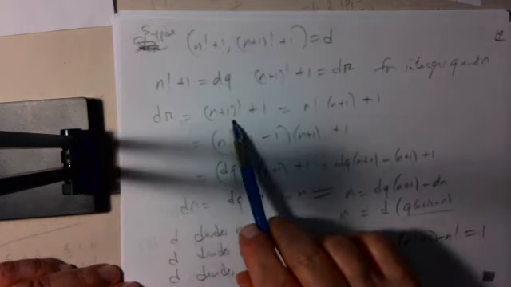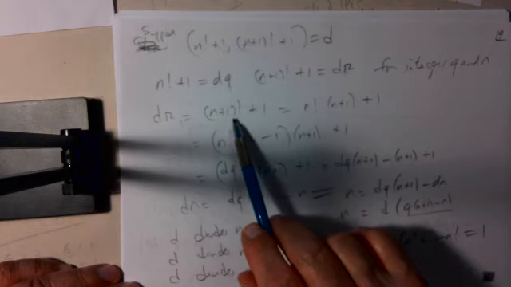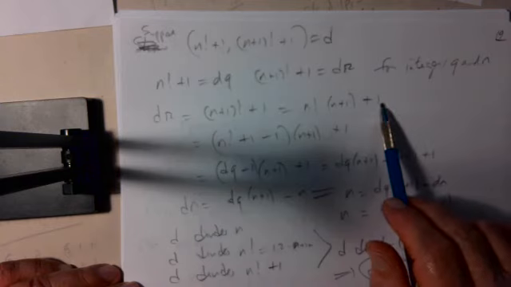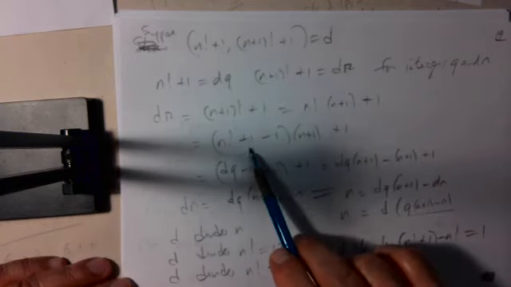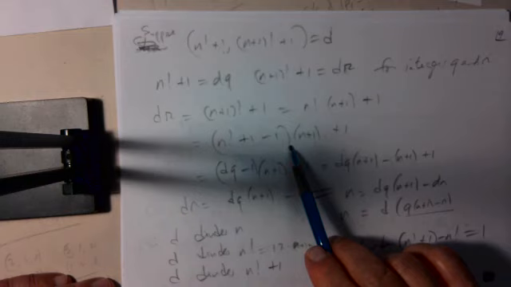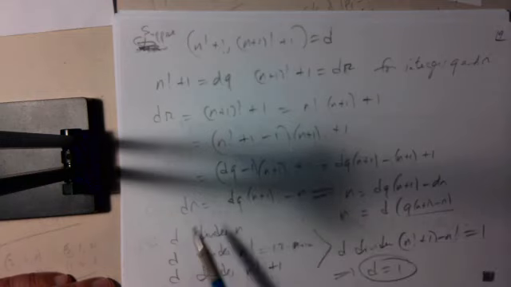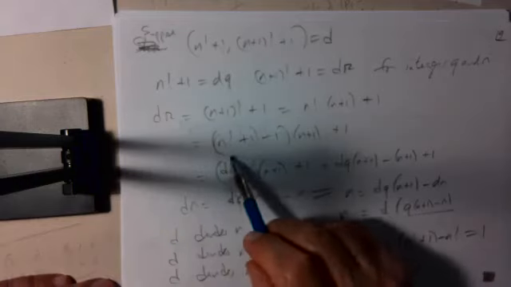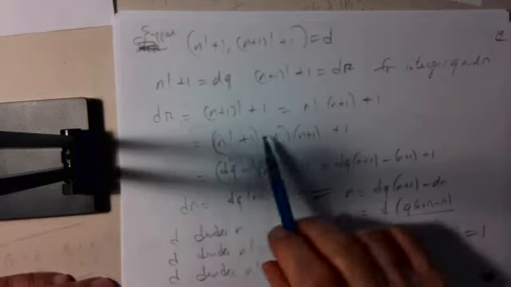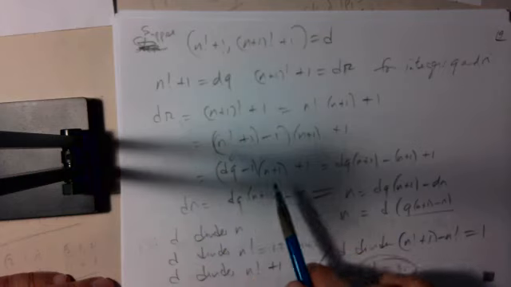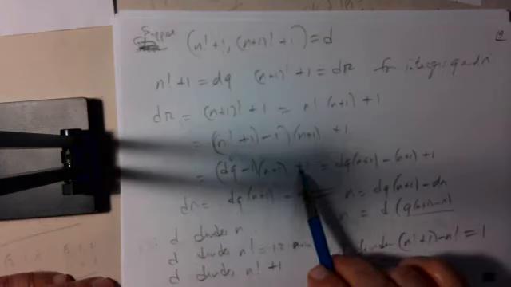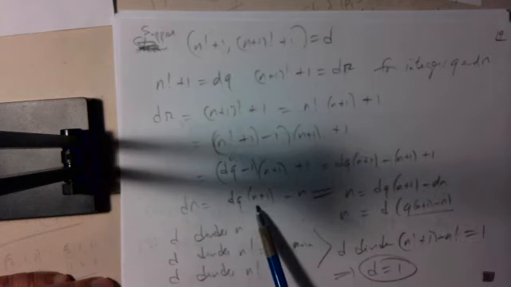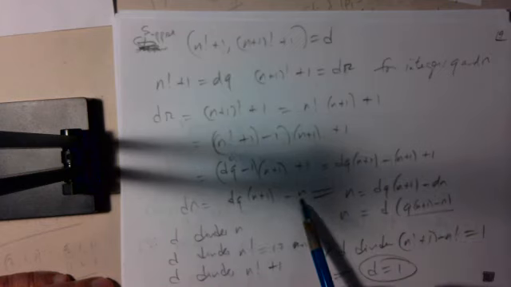So dr, that's n plus 1 factorial. n plus 1 factorial is n factorial times n plus 1. And then I snuck in a plus and minus 1. That doesn't change anything. But then I have n factorial plus 1, which is dq. So this is the same as dq minus 1 times n plus 1 plus 1. And when I expand it, I get dq times n plus 1 minus n.